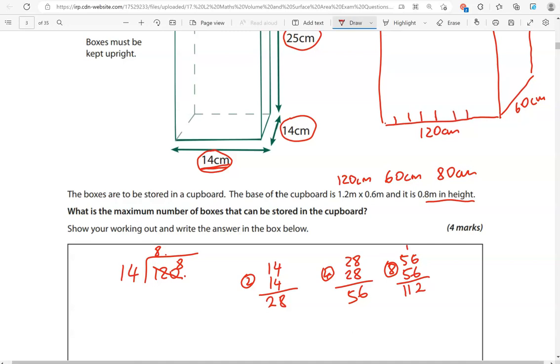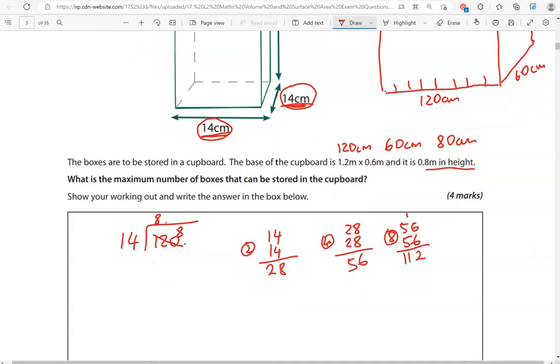What about along the width? So this is 60 centimeters and we've got 14 centimeters. So we'll do 60 divided by 14. So again, 14 and 14, that is 28. 28 and 28 gives us 56.